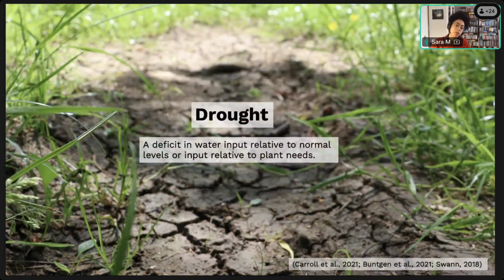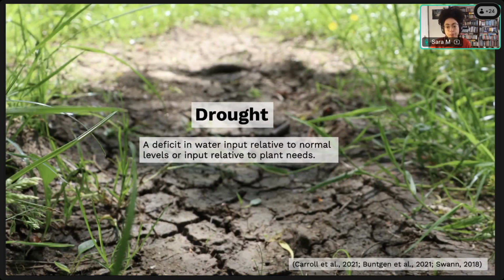Just so we're on the same page, when I talk about drought, I'm thinking from an ecological plant perspective, and that is basically a deficit in water input relative to the normal levels, or relative to what the plant needs. And droughts can have various consequences for plants, for example increasing the stress and mortality of plants.